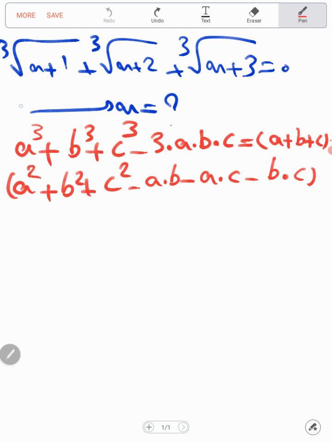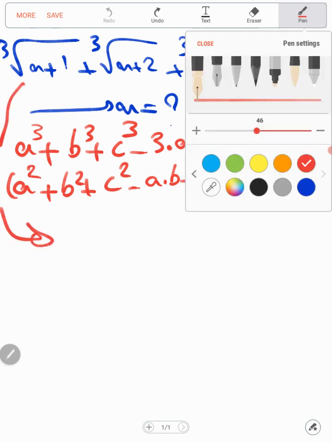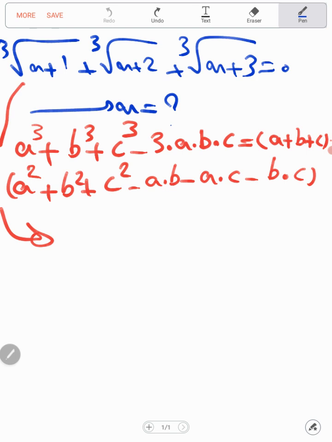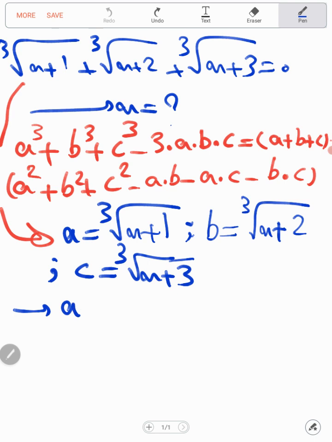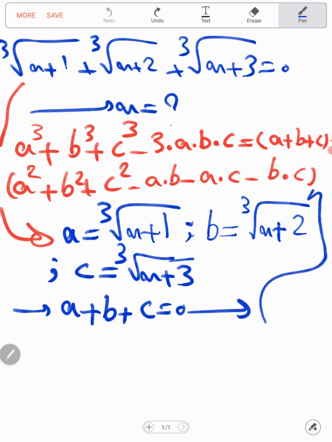If in this math problem we put a instead of the cube root of x plus 1, b instead of the cube root of x plus 2, and c instead of the cube root of x plus 3, then the sum of a, b, c is equal to 0.